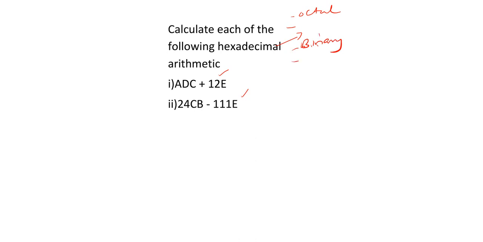Also, we have octal, we have binary, we have decimal. In decimal, this is the normal arithmetic that we do for numbers. So if it is multiplication, it is the simple multiplication that we have done in all the levels of academics, from primary schools and all that.